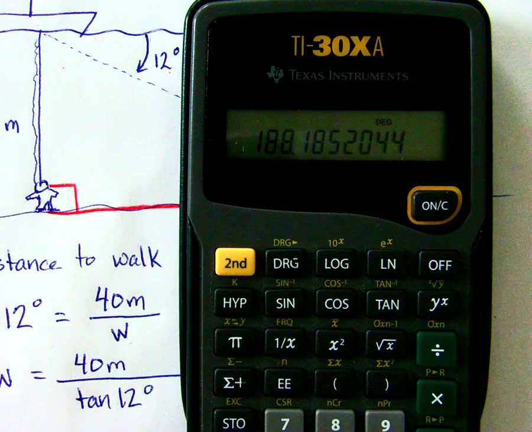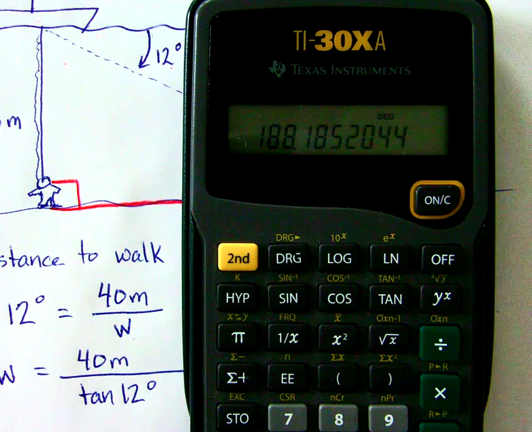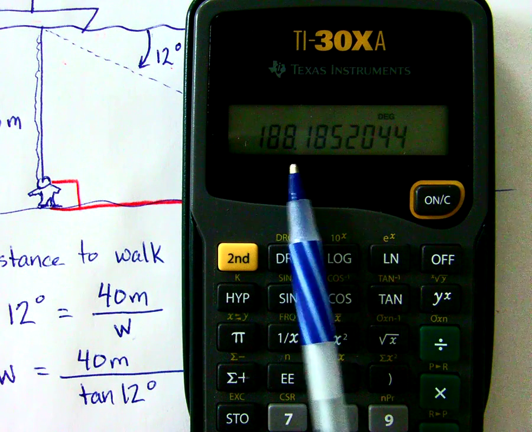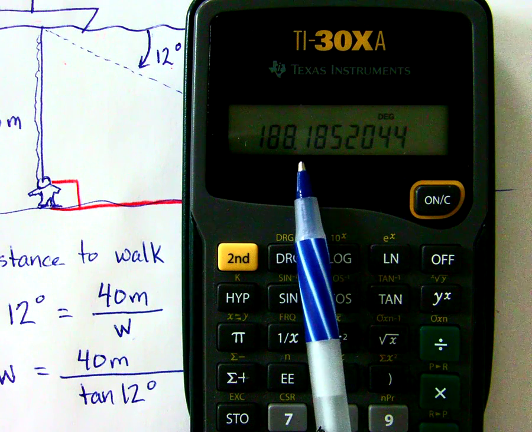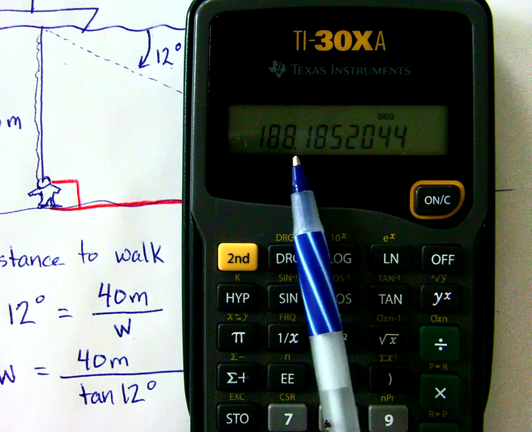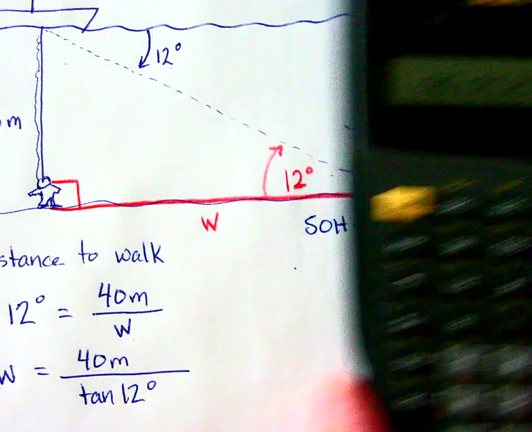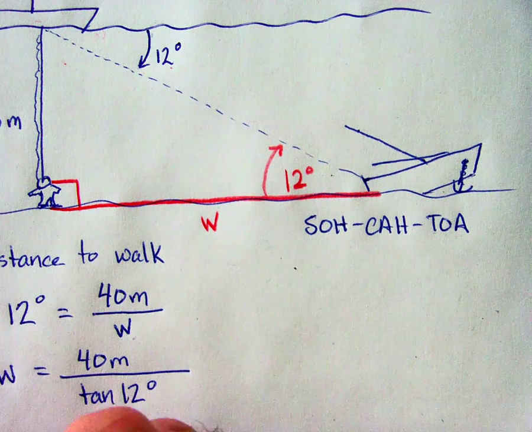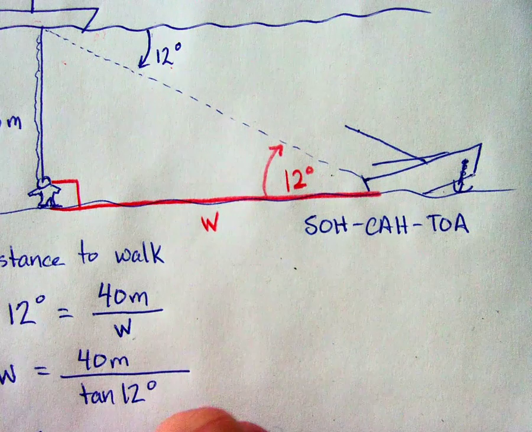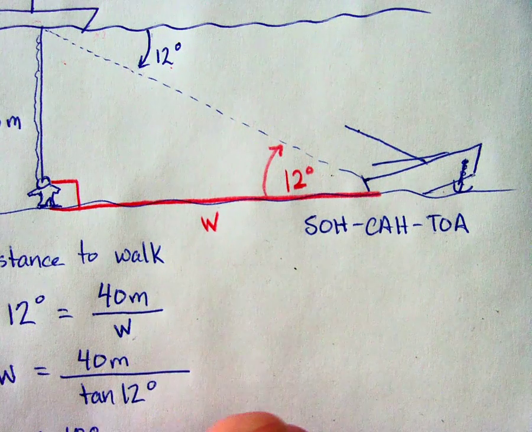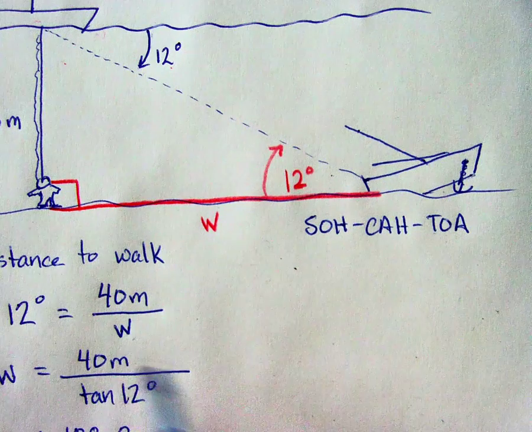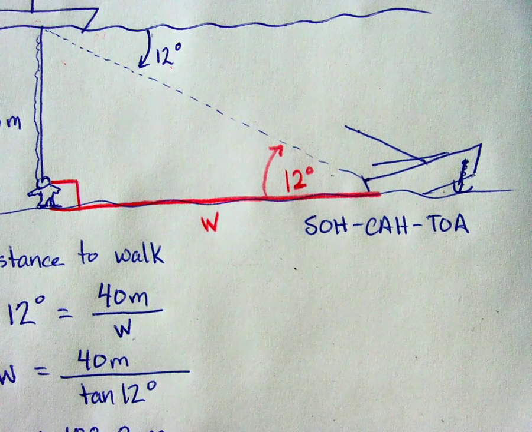So then I have to hit equals to find out what 40 divided by the tangent of 12 degrees would be. So rounding to the nearest tenth, it's about 188 and 2/10. It's hard to see there, but there's a decimal point. So W is approximately 188 and 2/10, and I left my label in there so I wouldn't forget about it.